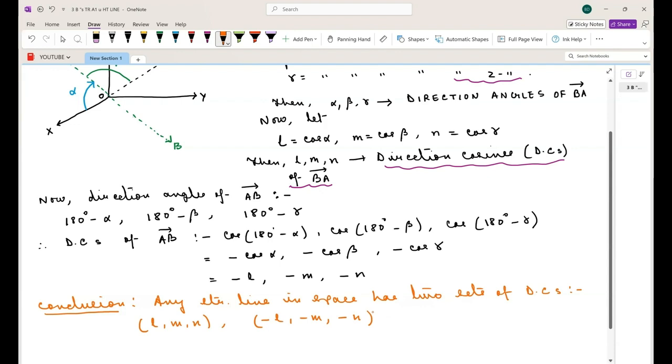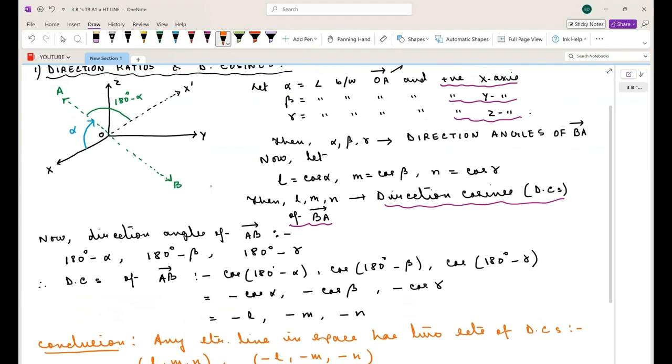It is not necessary that, for example, here we have taken BA direction as LMN and AB as minus L, minus M, minus N. The thing is, if in any one direction it is LMN, then in the opposite direction it will be minus L, minus M, minus N. That is the thing.